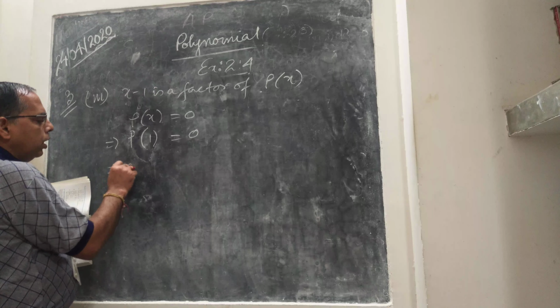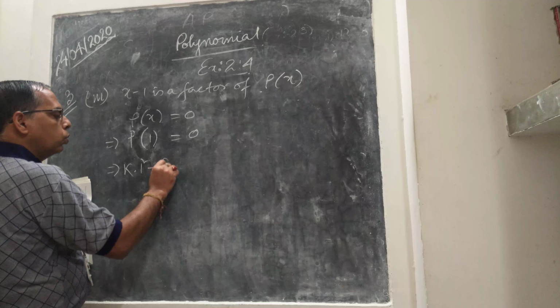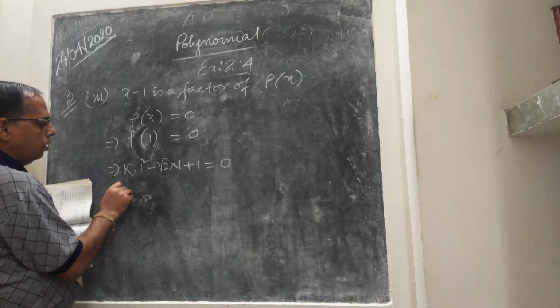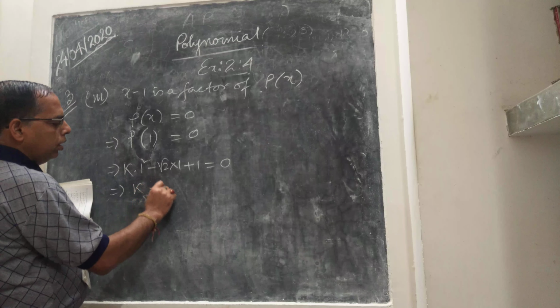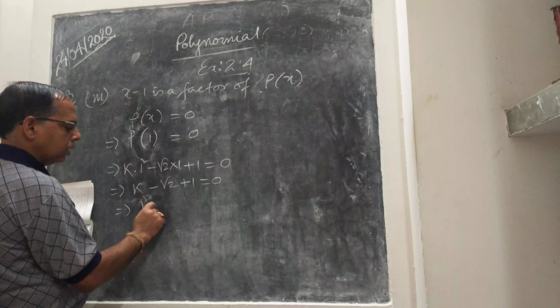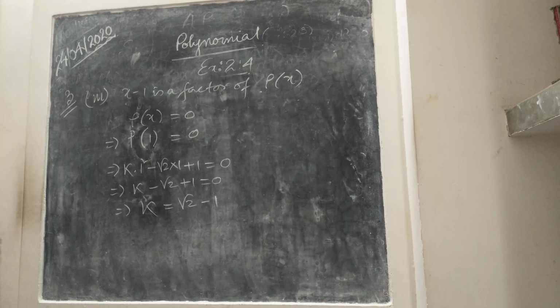Then what is that? k into 1 square minus root 2 into 1 plus 1 equal to 0. Ultimately, k minus root 2 plus 1 equal to 0 implies k equal to root 2 minus 1. Okay, this is the value of k.